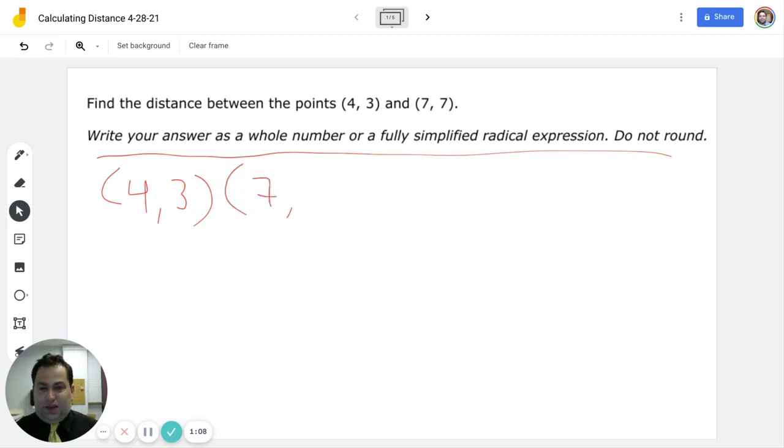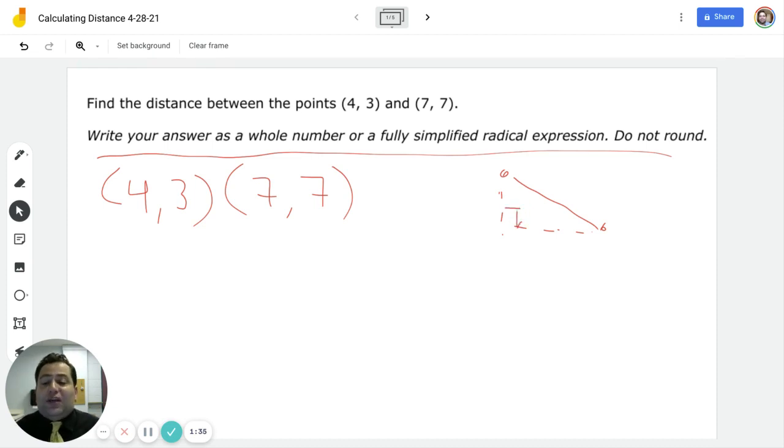So again, if you're thinking about distance, it's that right triangle. If we have 2 points on a slant, there is some rise and there is some run. And what this enables us to do is use the Pythagorean theorem to find distance.